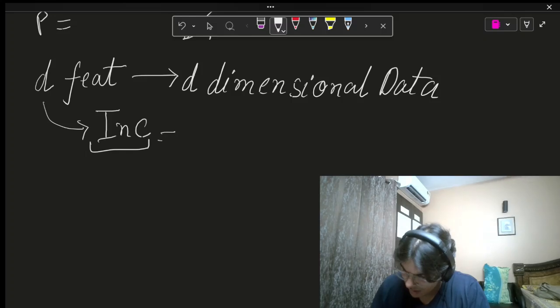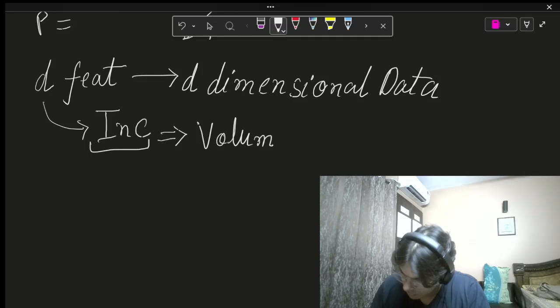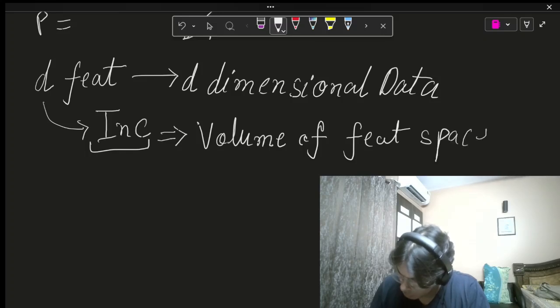One thing we can say, as the first observation, is the volume of feature space grows. What does this mean?